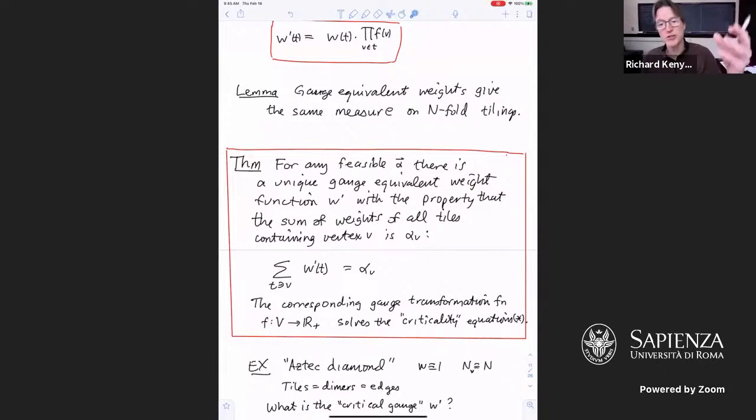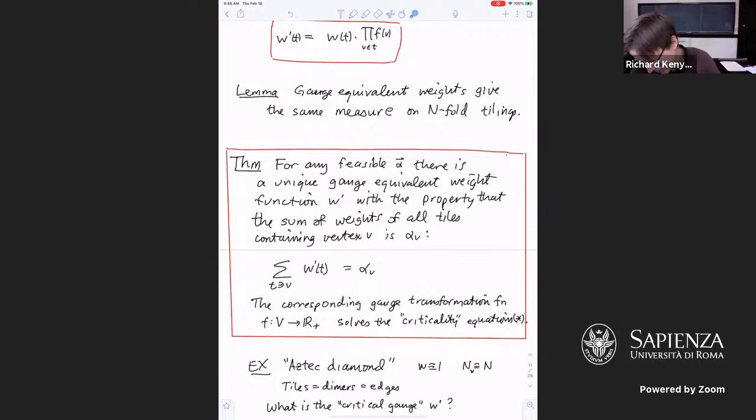So you start with your original weight function W, and you can find a gauge transformation F so that the new weight function W prime has the following property. It's gauge equivalent, so it defines the same measure, but the sum of weights of all the tiles containing a given vertex is in fact alpha V.